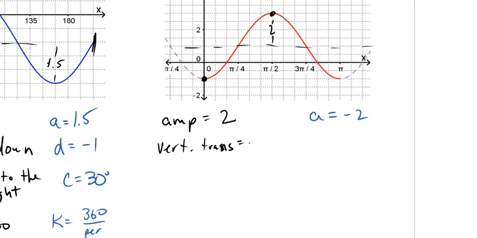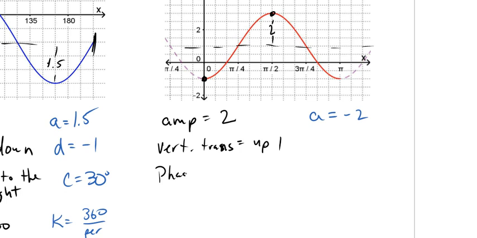Vertical translation, don't look at the max and the min. They'll fool you. What do you look at for the vertical translation? Emma, what do you think? The zero line. Very good. That will help you ignore the reflection, ignore the max and min. They'll fool you. The zero line is what we look for, so it's up 1.